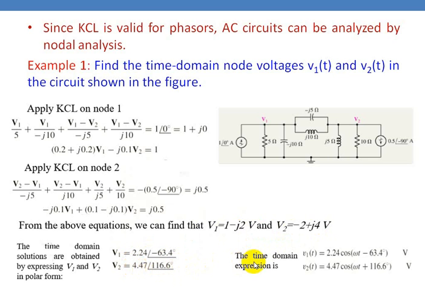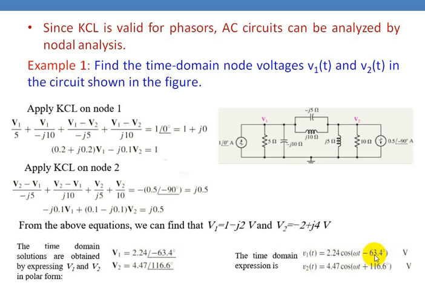If you want to write these expressions in the time domain, it is very simple. V1 of t will be equal to the amplitude as it is, 2.24, and assuming it is a cosine wave, 2.24 cos of omega t plus the angle. Whatever angle you get, if you are getting minus 63.4, you write this angle here. This implies that the magnitude of this voltage is 2.24, and it makes an angle of minus 63.4 degrees with respect to the reference vector, that is the horizontal vector.